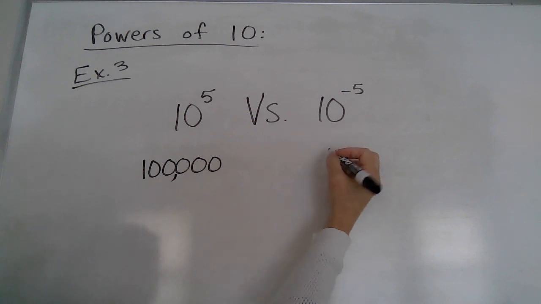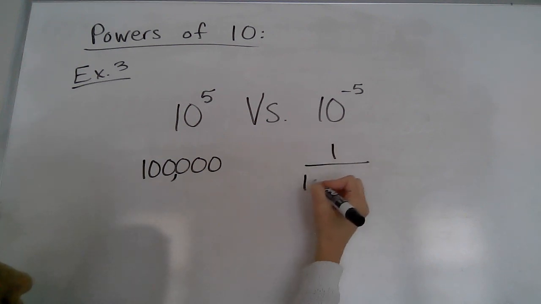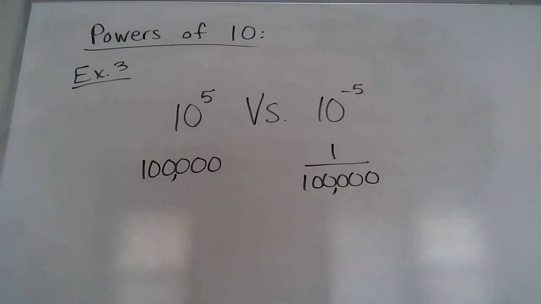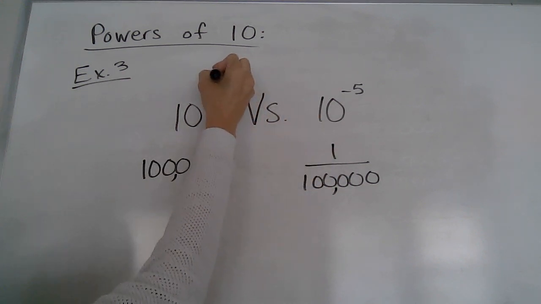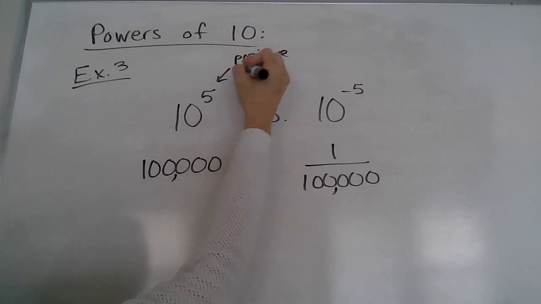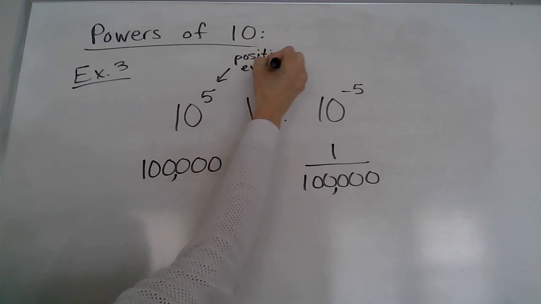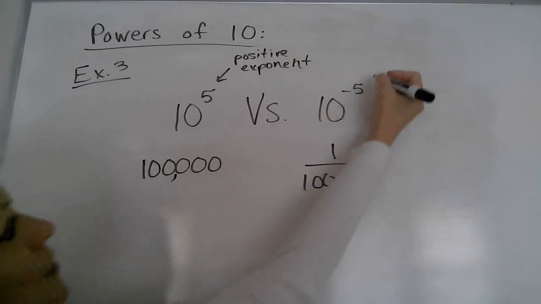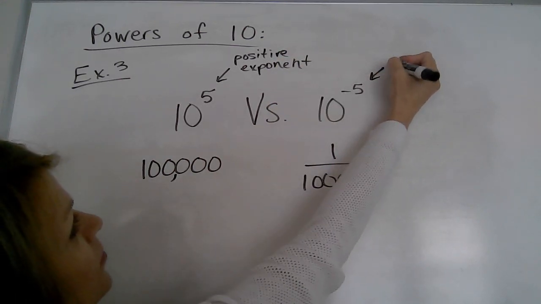This creates a very small number, 1/100,000. The key to recognizing the difference in this form is if you have a positive exponent, you will have a large number. If you have a negative exponent, you will have a small number.